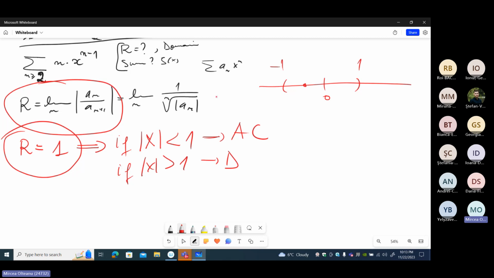In order to find the domain of convergence, we need to check what happens at the ends of the interval, because the theory says nothing about the ends. So when x equals -1, we get the series sum of n times (-1)^(n-1), which is convergent or divergent? Divergent. Give me a reason. Why do you think it's divergent?